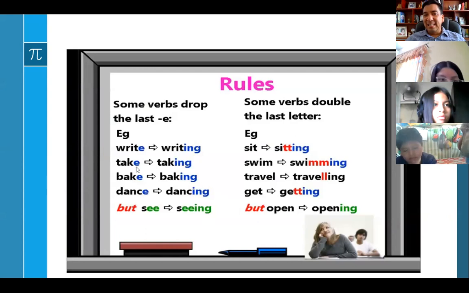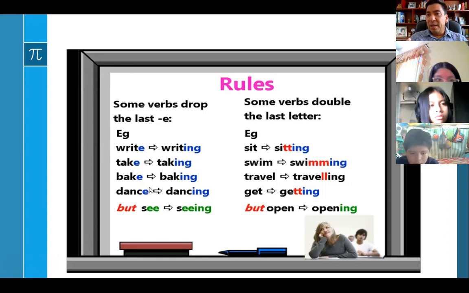Can you see, for example, in this case here on my left, as you can see, when you have verbs that end in E, for example, write, take, bake, dance, in that case, you substitute the E for ing.